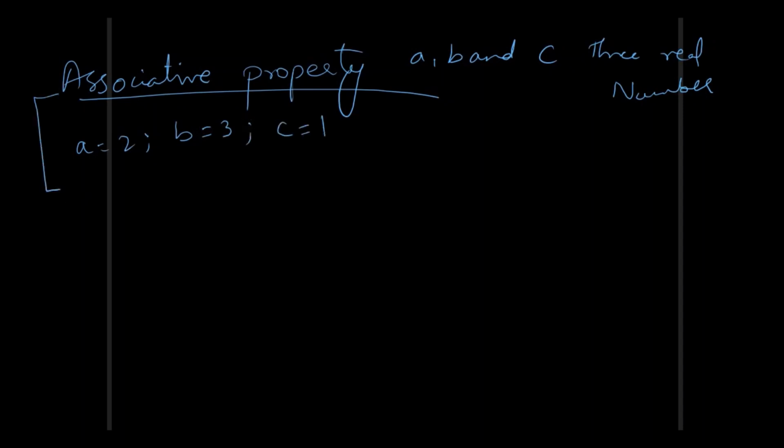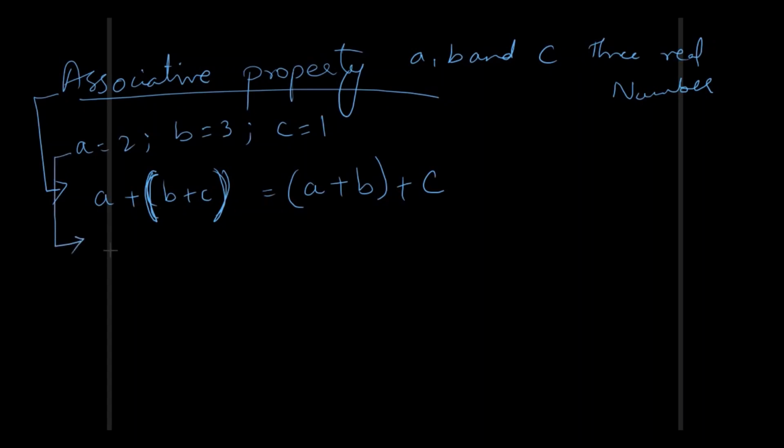So the general form of the associative property is (a plus b) plus c equal to a plus (b plus c). Here the major difference is of the bracket, nothing else, everything is in addition. Now substitute the example values here.